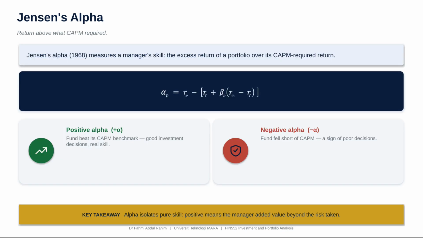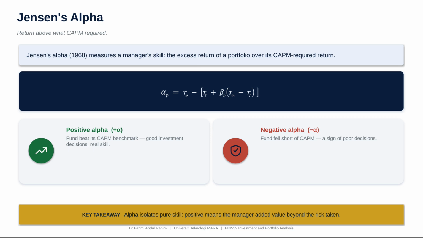Our third measure is Jensen's alpha, introduced by Michael Jensen in 1968. As the blue box says, it measures a manager's skill directly as the excess return of the portfolio over its CAPM required return.